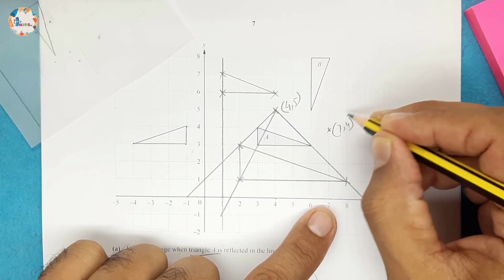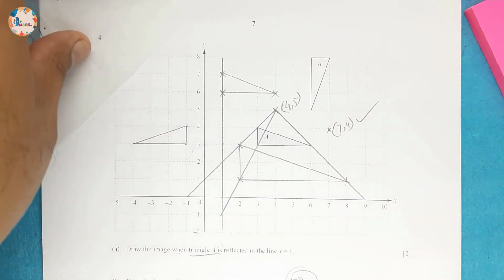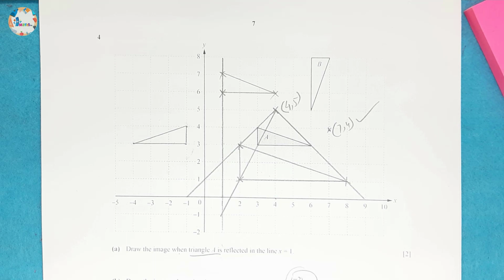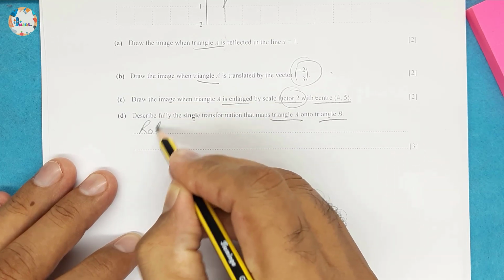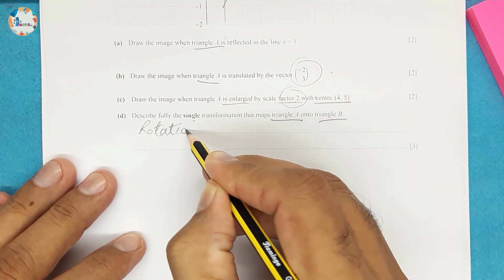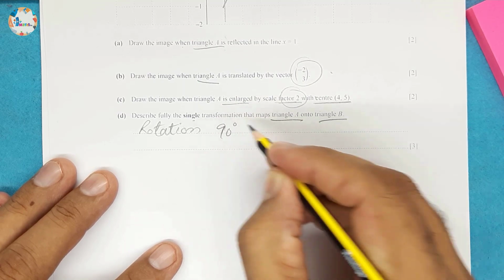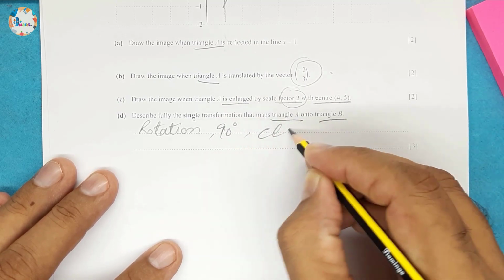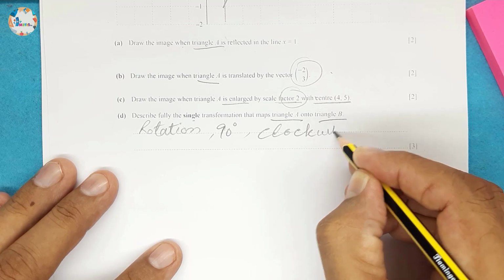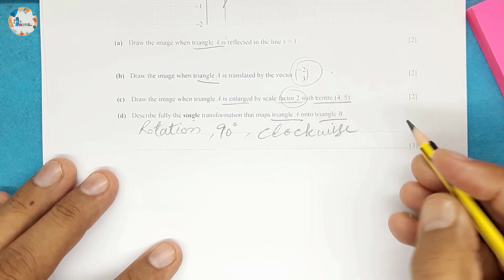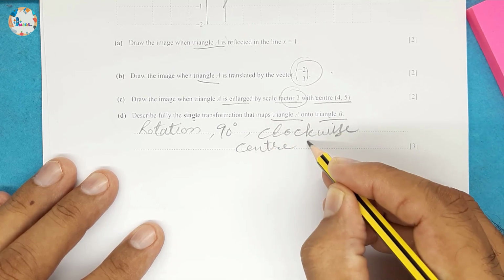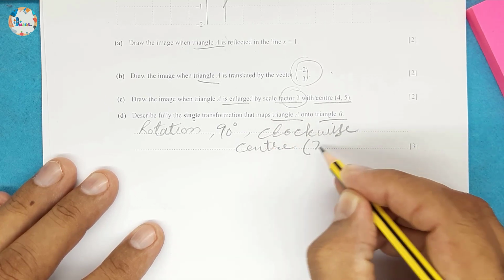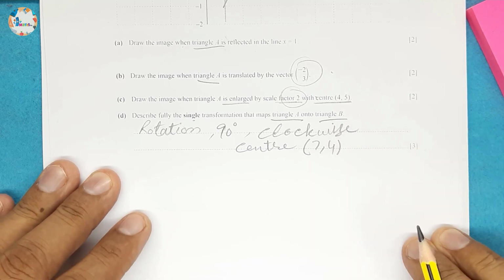So 7 and 4 is the center of rotation, and it is a rotation clockwise 90 degrees. So our answer will be over here. It is a rotation 90 degrees clockwise, and the center will be 7 and 4. This will be the center of rotation.